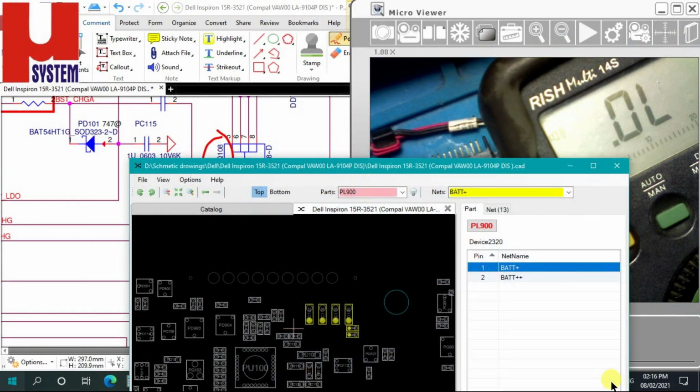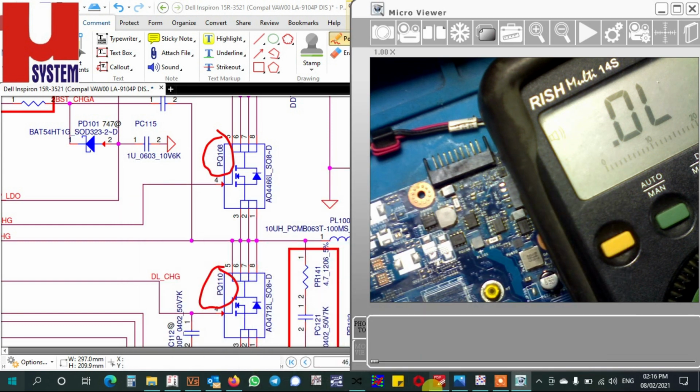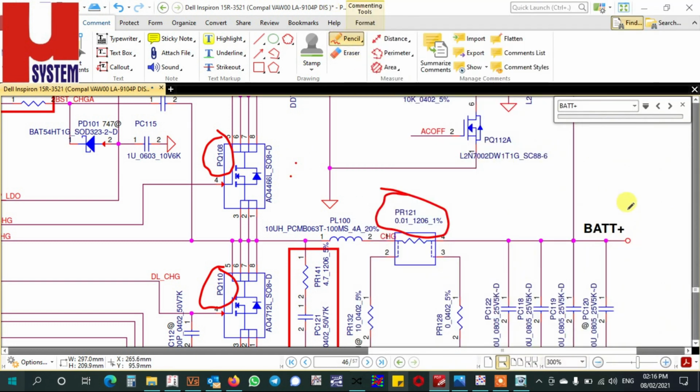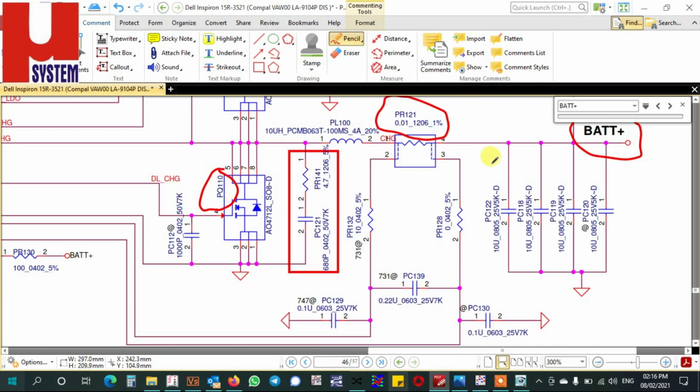Okay, so in my schematic drawing, this is the battery point and there are these 4 PF connected over here. These are the 4 PF which are basically connected over here. Most of the time we go through the small components.